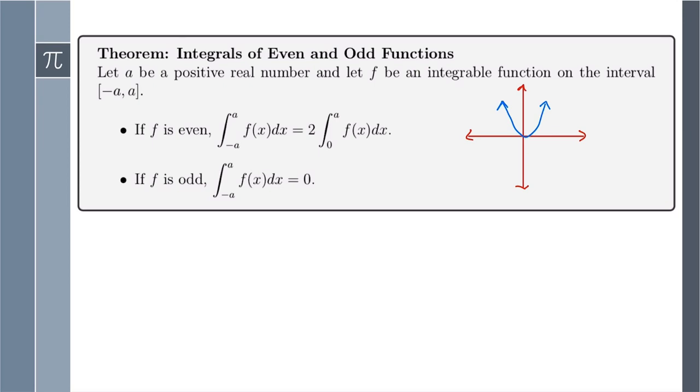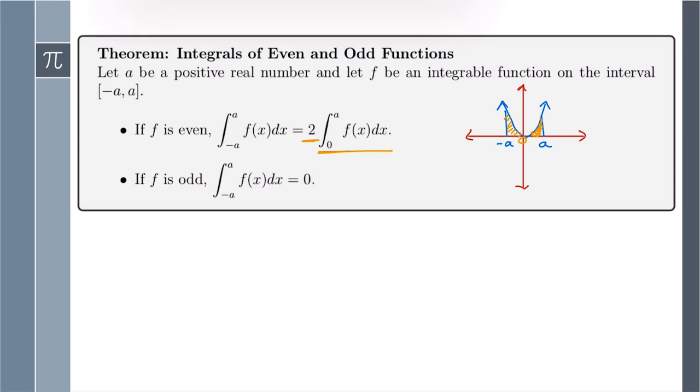Now if we are integrating from, let's say, negative a is here, and a is here, since this function is symmetric about the y-axis, the area on the left equals this area here on the right. So instead of integrating from negative a to a, we can just integrate from 0 to a. We'll take this area in the first quadrant and then multiply by 2. That's basically what this says. So the area from negative a to a equals twice the area from 0 to a. So that's for the even function.